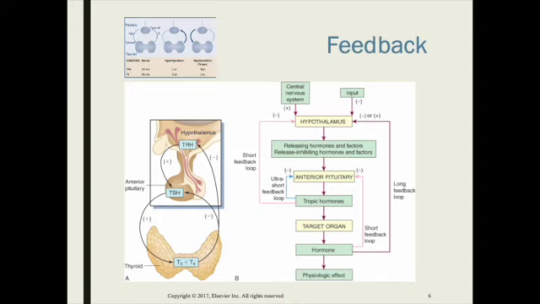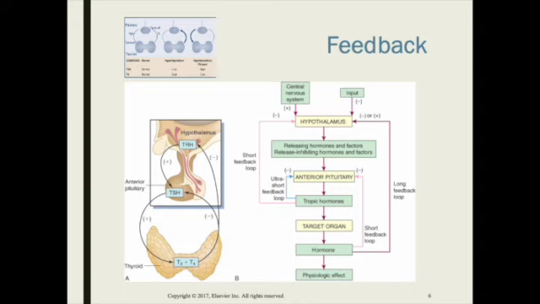These are other examples of feedback loops. You can see here that the central nervous system gets some type of positive or negative, decreased or increased input. The hypothalamus will then respond by releasing hormones and factors that will help to increase or decrease in response, or it will release inhibiting hormones and factors that would increase or decrease in response.